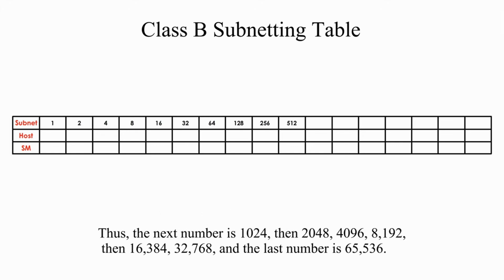Thus, the next number is 1024, then 2048, 4096, 8192, and then 16,384, 32,768, and the last number is 65,536. We are done with the first row, the number of subnets.